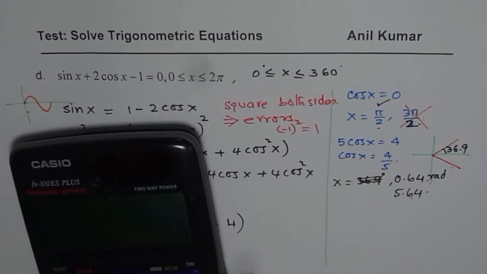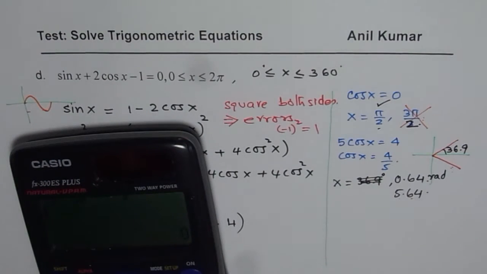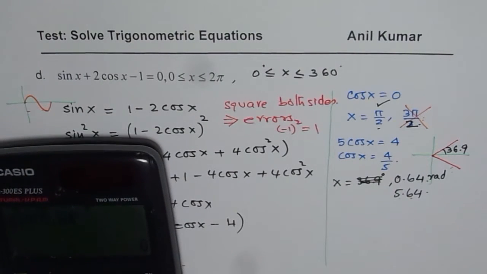We have sin of 5.64 plus 2 times cos of 5.64 minus 1 equals, we get very close to 0.